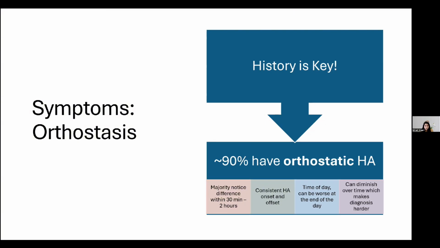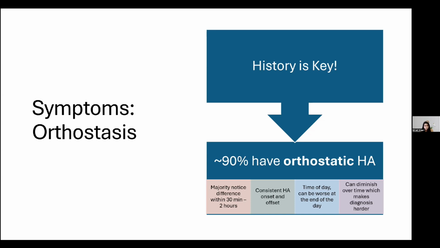A lot of times providers will not ask the right questions to get this crucial part of the history. So oftentimes what I'll ask patients is, okay, when you stand up, how soon after do you experience head pain? Some patients won't notice a change until it's about 30 minutes to a couple of hours. Some patients will report, oh, I'm fine in the morning, but then it gets worse throughout the end of the day.